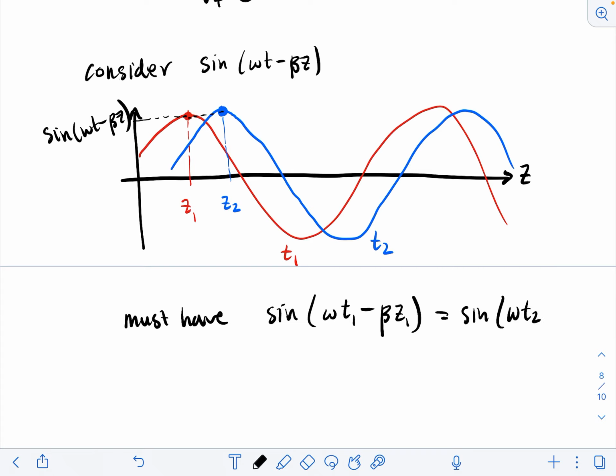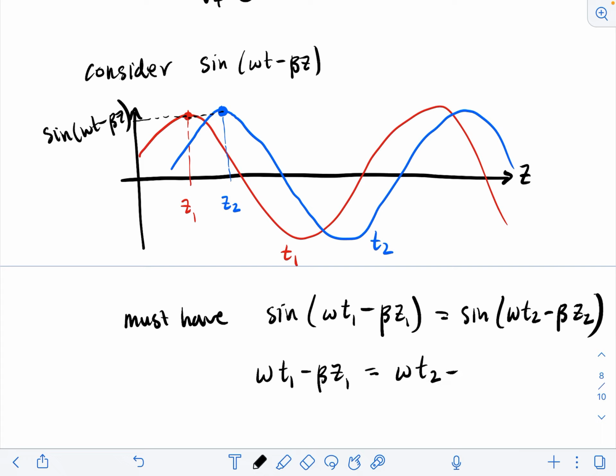We just look at the graph and we see that the sine function is equal at these sets of parameters. The only way these two sine functions are equal is if their arguments are equal, to within a factor of 2 pi. So omega t1 minus beta z1 must be equal to omega t2 minus beta z2.